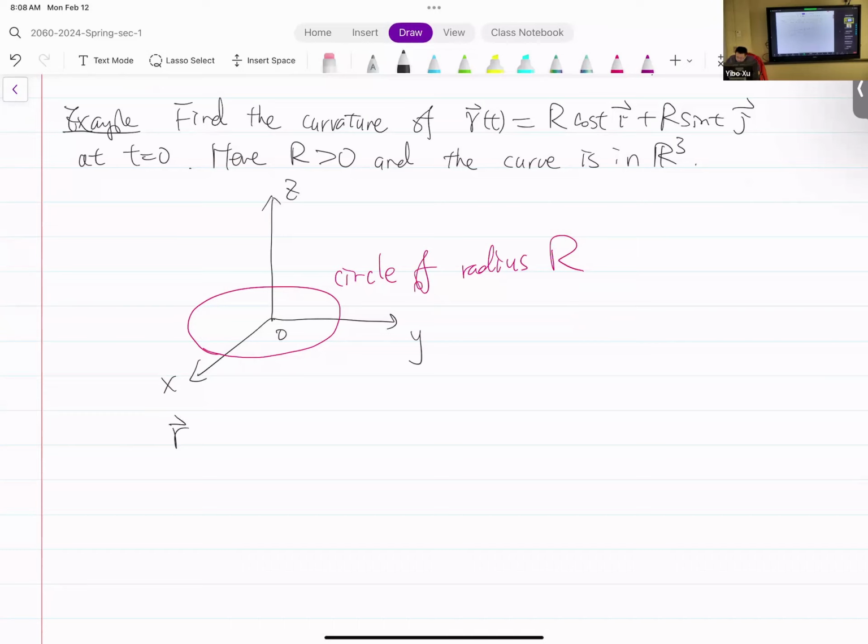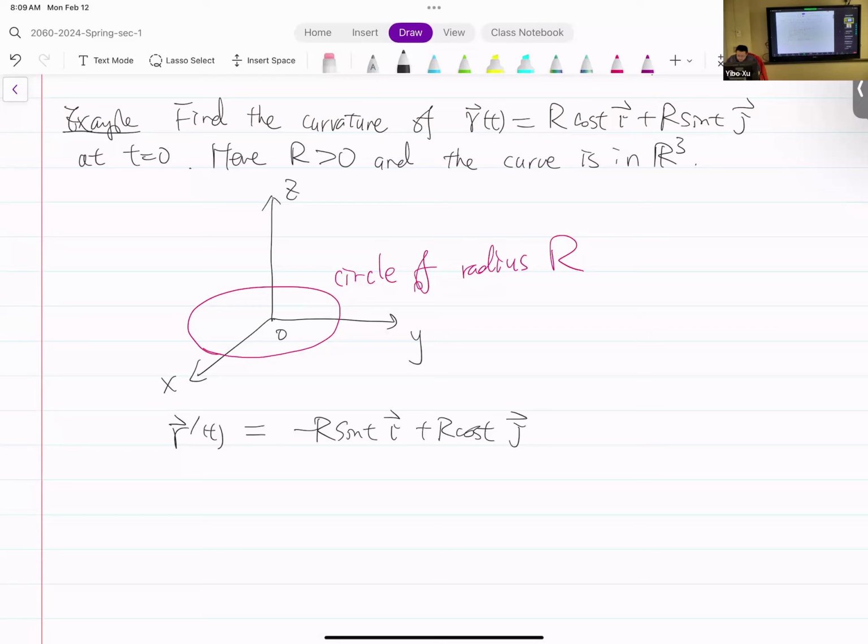So we want to calculate R prime, of course. It's a component-wise derivative. R is a constant, cosine gives you a negative sine, so negative R sine t in front of i, and then sine gives you a cosine, so plus R cosine t j.